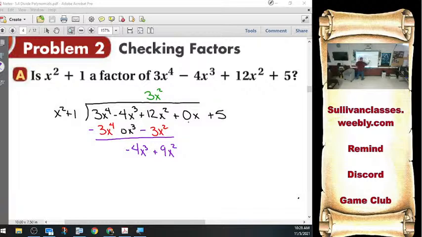So what I'm actually dropping here is a 0x. It's important because it shows me that I have to keep going past this step. There's going to be 3 steps. All right. Now continue. What is negative 4x cubed divided by x squared?